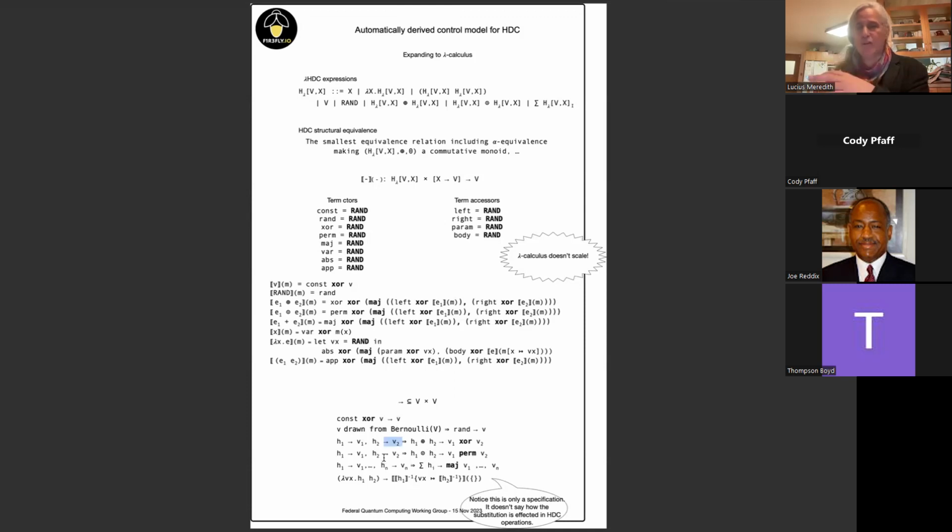Again, we're just doing the same trick we did before, except now we have to handle substitution. And then we can do the same thing with the rho-calculus, where we're just extending the HTC syntax with the rho terms, and then we have a compilation method down to the rho-calculus.